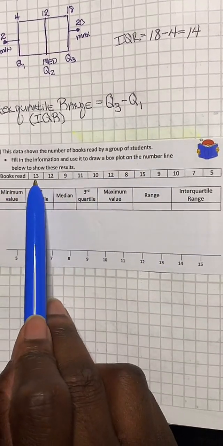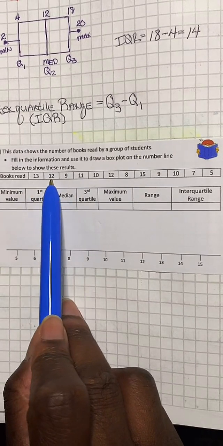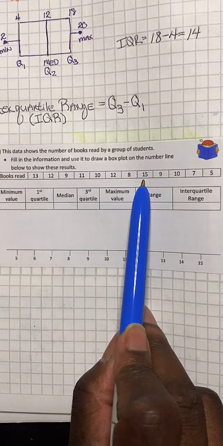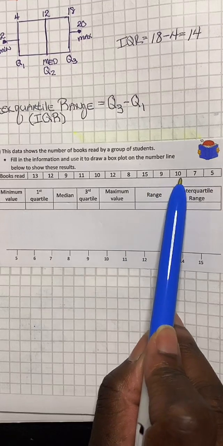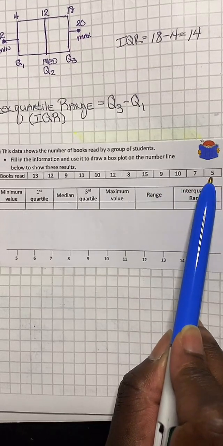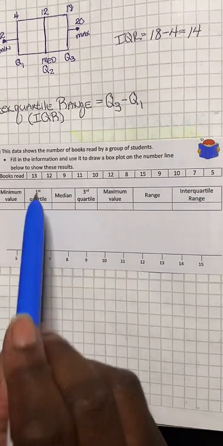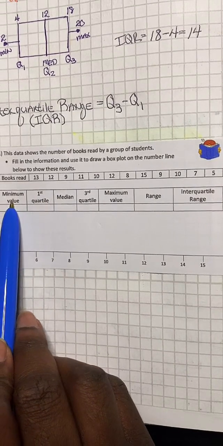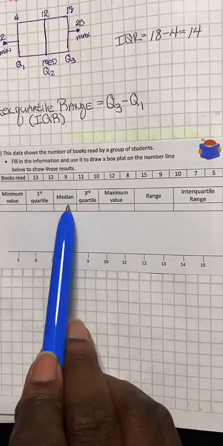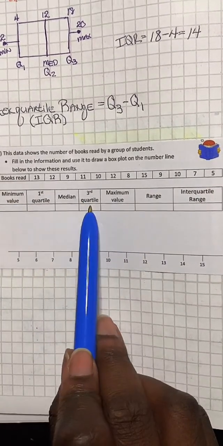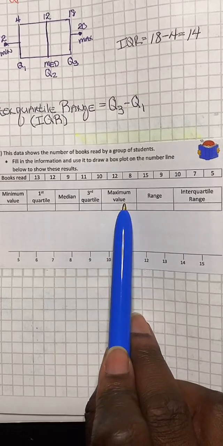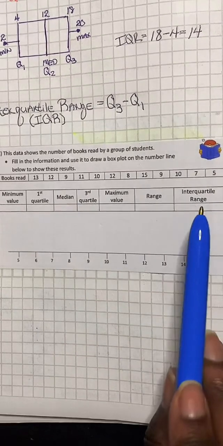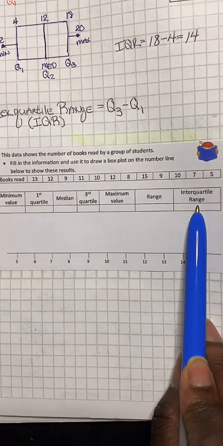One person read 13 books, then 12, 9, 11, 10, 12, 8, 5, 9, 10, 7, and 5. First off, they're asking for the minimum value, the first quartile, the median, the third quartile, and the maximum value. Then we need the range of our data and the interquartile range of our data.